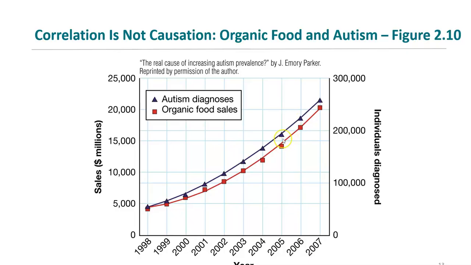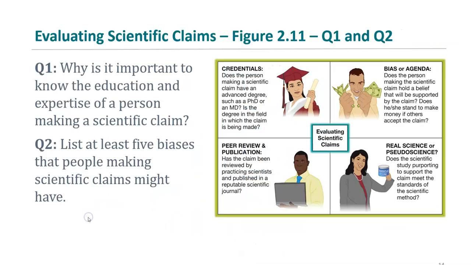So there's a correlation, but it doesn't mean that because more people are eating organic food, that organic foods are causing autism. All right, so correlation is not causation. You need to be careful about it. Two things can show the same trends, but it doesn't mean that one causes the other.